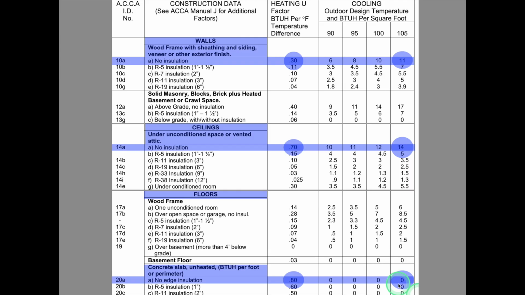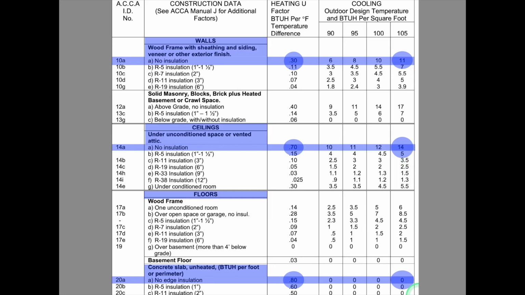So in other words, they stay below 75 degrees. So that's a good feature for cooling when we use concrete slabs. So the main 2 points we're going to bring in are the walls and the ceilings and floors for cooling design calculations on that chart.